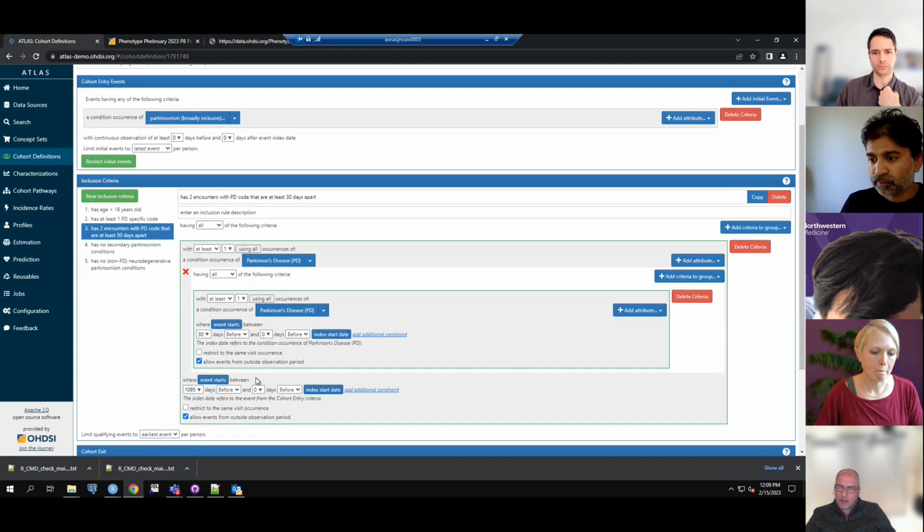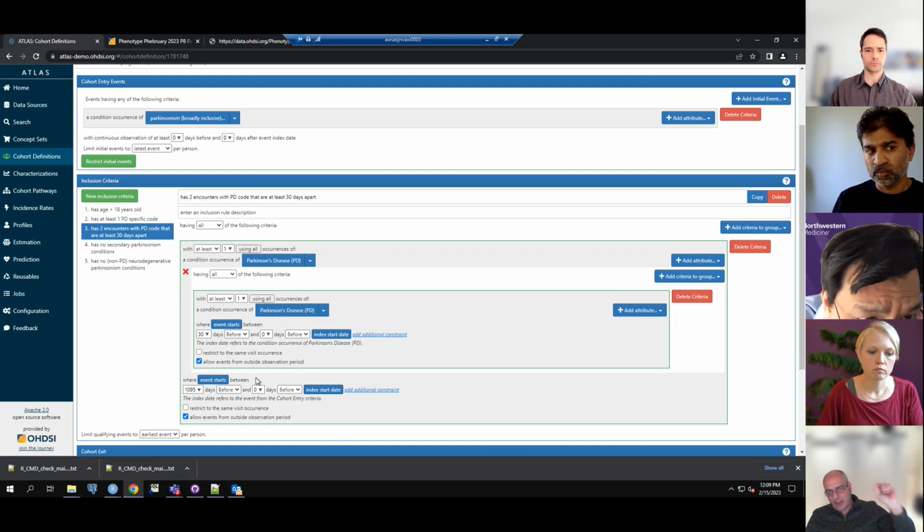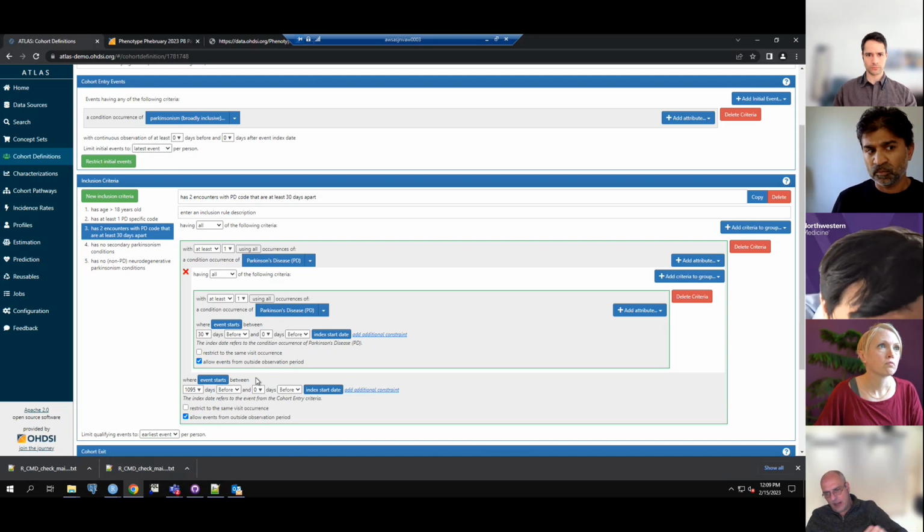Well, the funny thing is, Azza, you would expect that there are at least a few patients where it's not 3 years apart, but only a couple of days apart, and they should be caught by this one. They will not be caught by anything 3 years back, but they will be caught by anything that's 30 days apart, if it's less than 30 days.